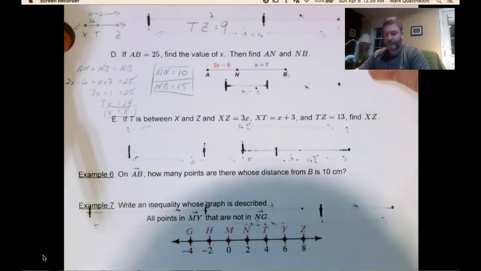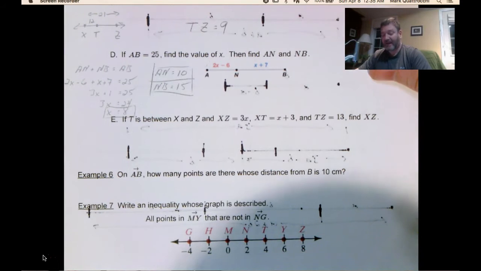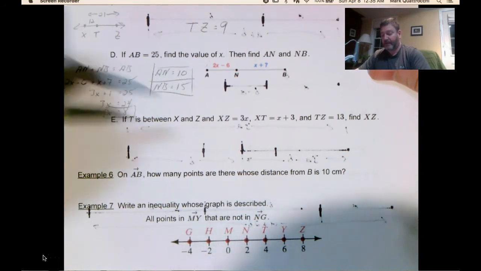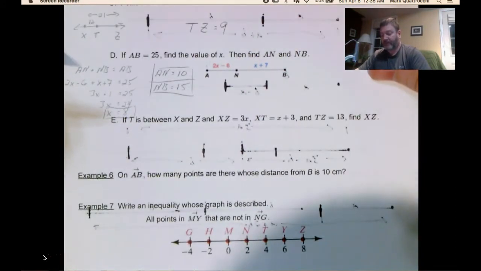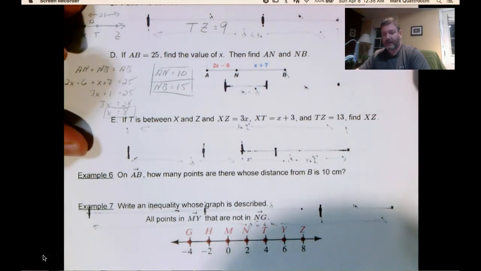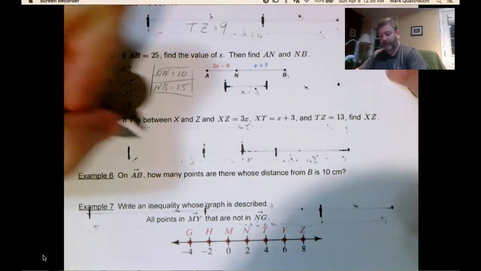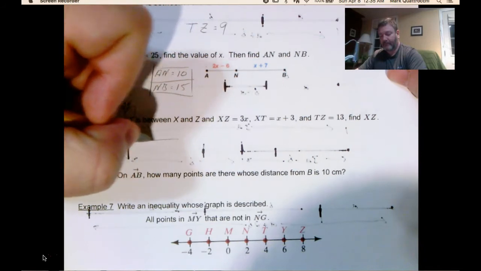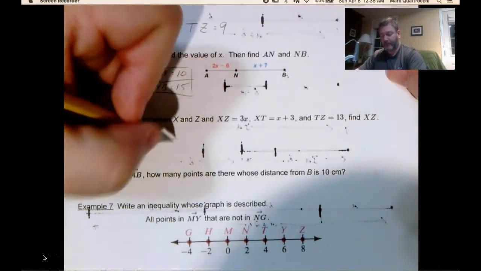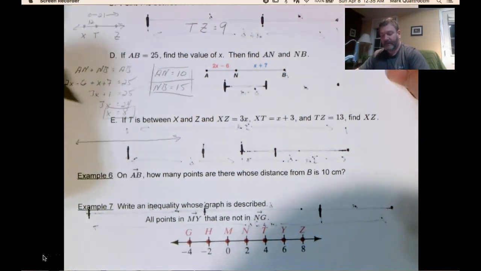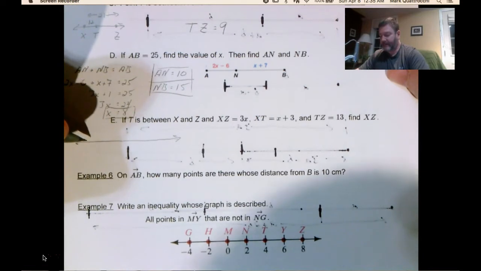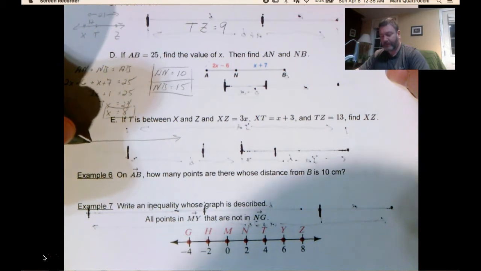Part E. If T is between X and Z, and then we have some expressions here, we're going to find the measure of segment XZ. So, again, I'm going to draw a picture. XZ is 3 times X. XT is X plus 3.